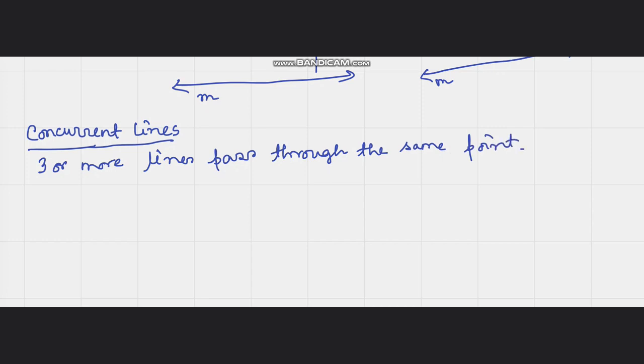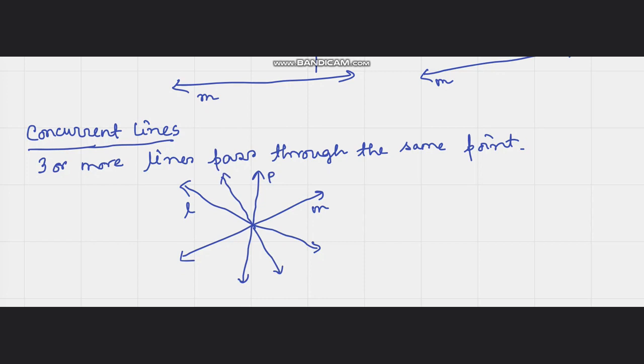So let us draw some lines over here. This is line L, line M, now line P. Let us draw one more line, Q. Okay, they are meeting each other at point O. Let us name it O. So this point O is called the point of concurrence.